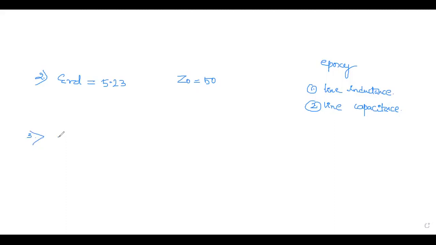Take down one more. A microstrip line is constructed of copper conductor having epsilon r equal to 5.23, H equal to 0.8 mils, T equal to 2.8 mils, W equal to 10 mils.